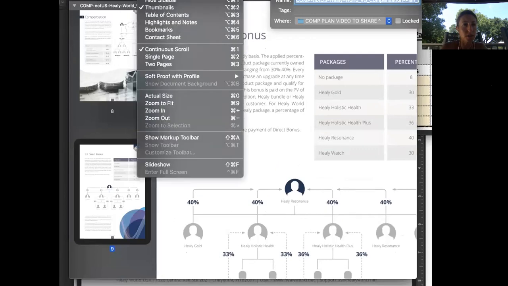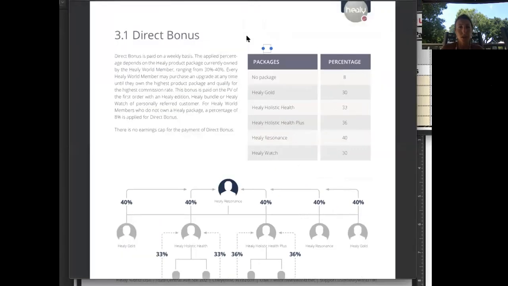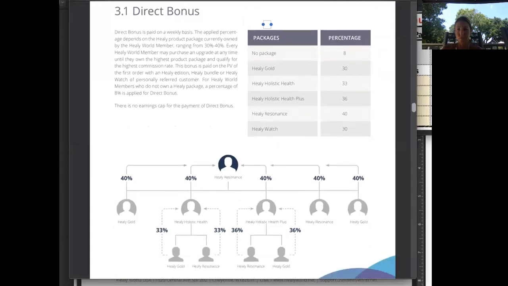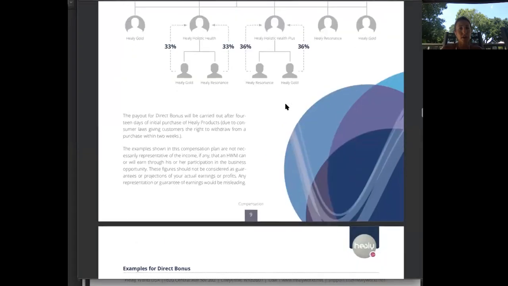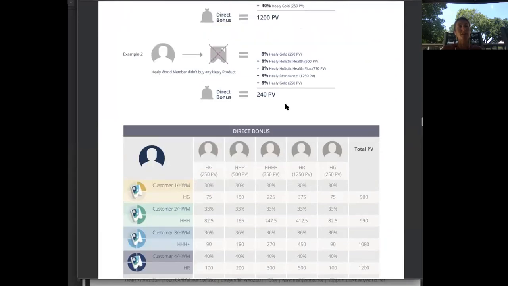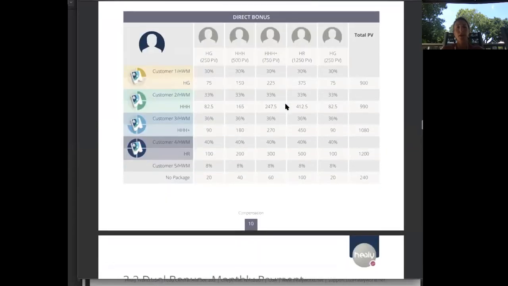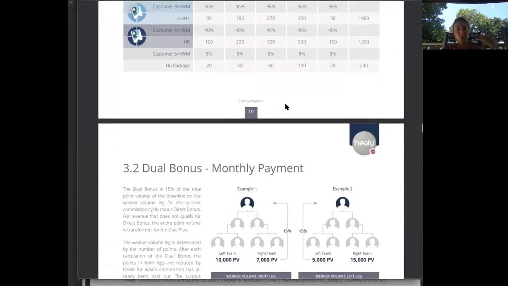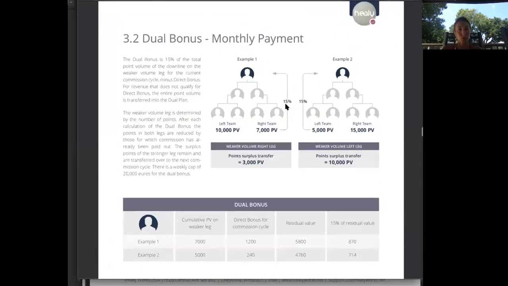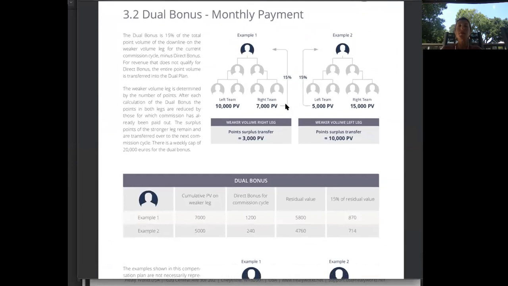Actually, I want to not show that sidebar so we can see this a little bit easier. So if we scroll down, you can see they give a more complicated chart in the European comp plan that explains this, but for me, just the way my brain works, the other one was more straightforward. So we're going to talk about the second type of compensation called the dual bonus.